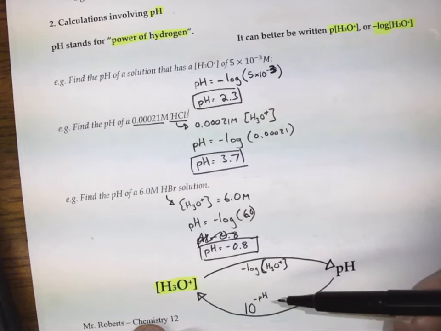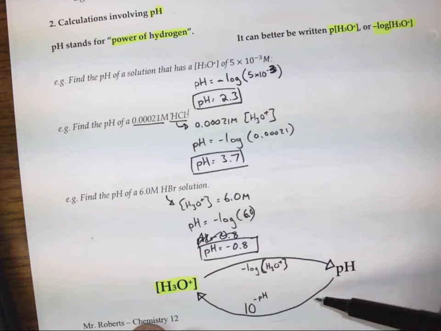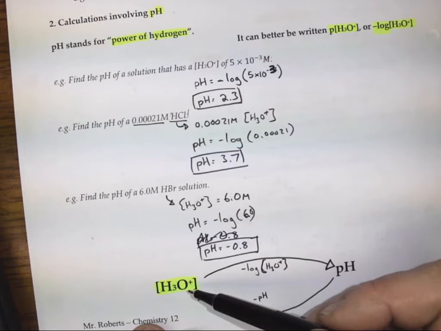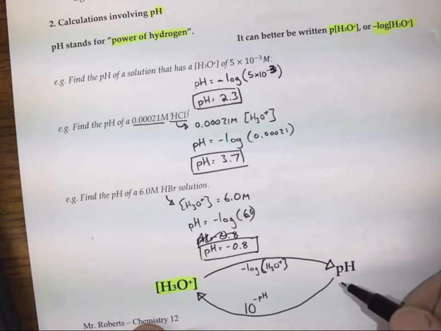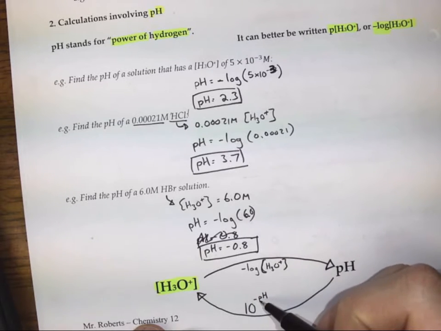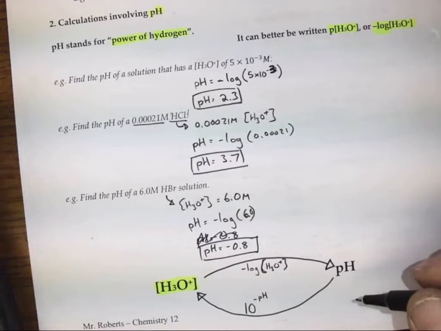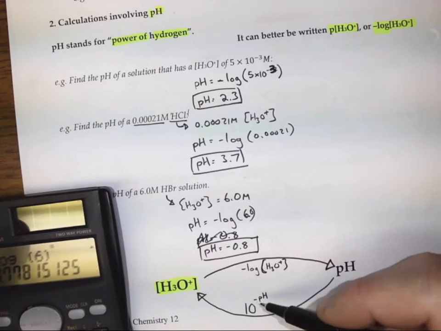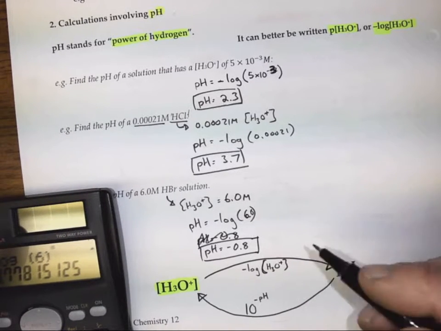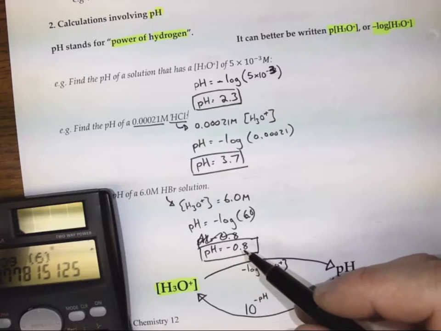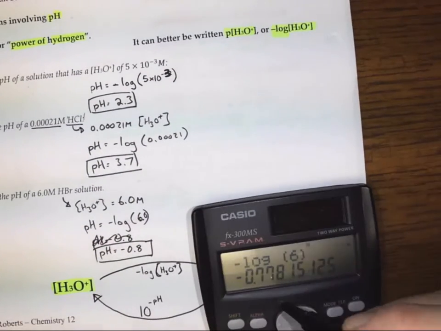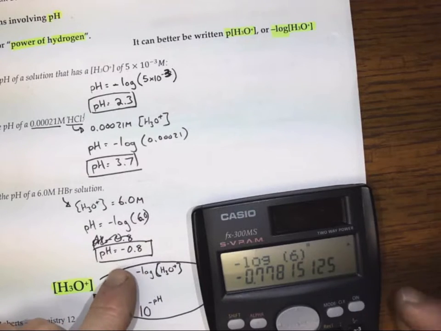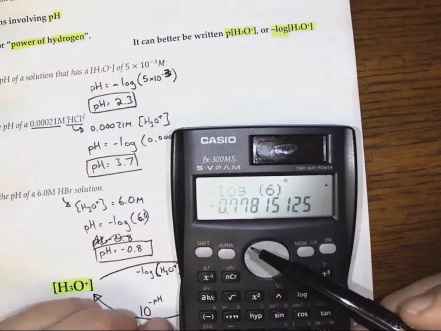If I want to take some pH and find the concentration of hydronium ions, I take 10 and I raise it to the power of the negative value of our pH. So for example, I had a negative pH here. Now this gets a little funky unless we keep some extra decimal places for the pH. So I'm actually going to say 0.778.